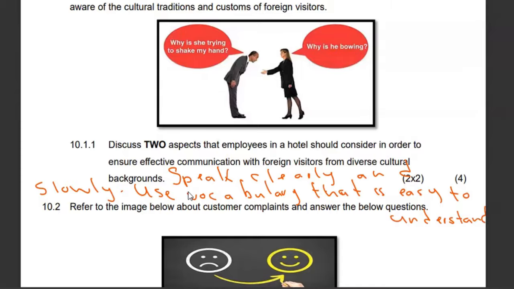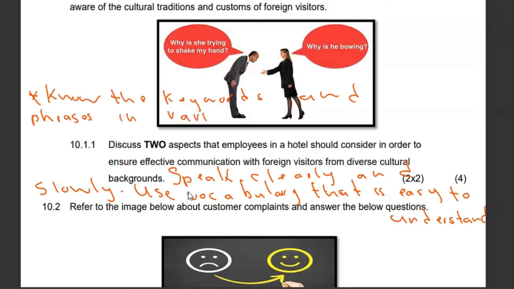Then know the keywords and phrases in various languages. The keywords, the basics, the greetings.